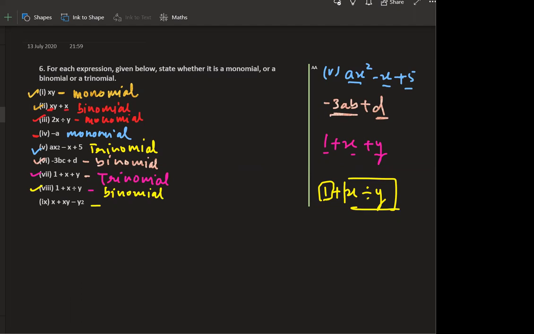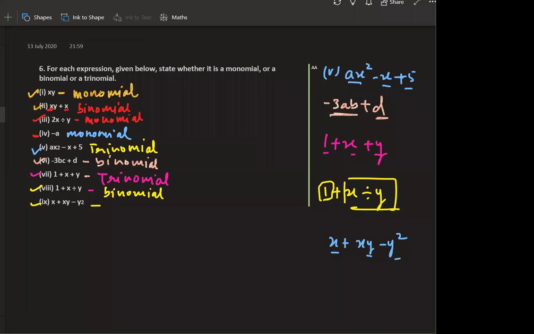Next, let's talk about the last one, x plus xy minus y square. Now, how many terms are there? 1, 2, 3.